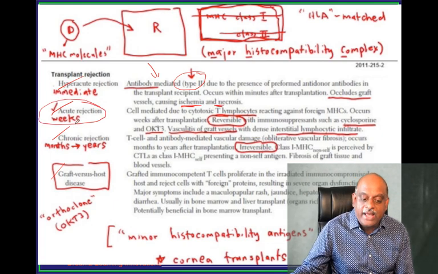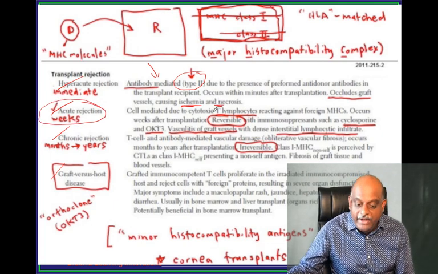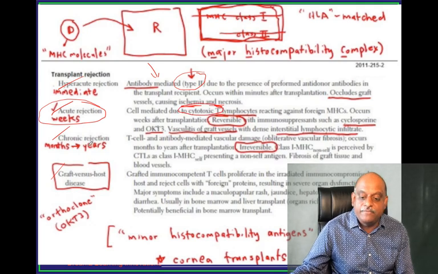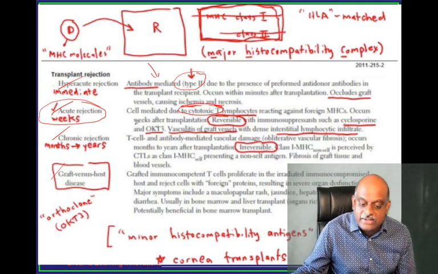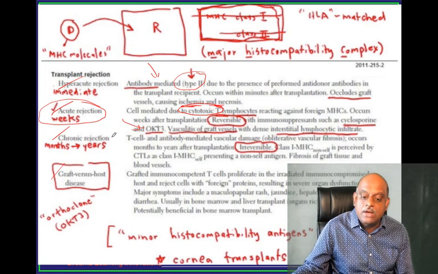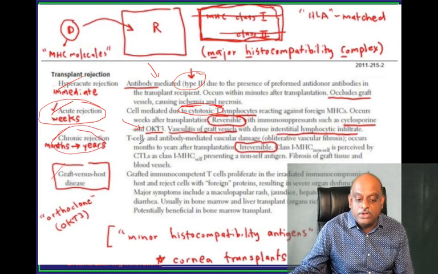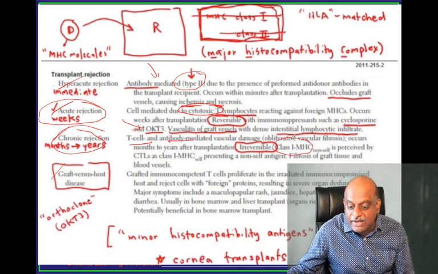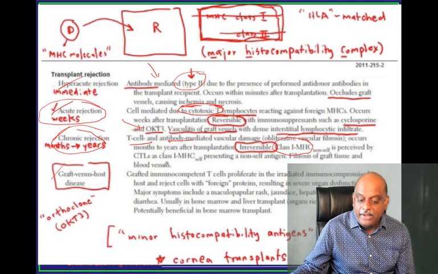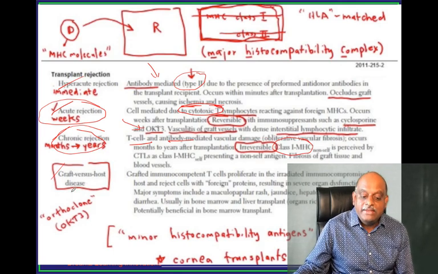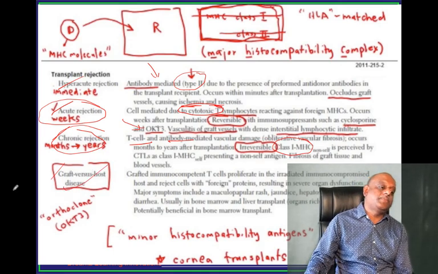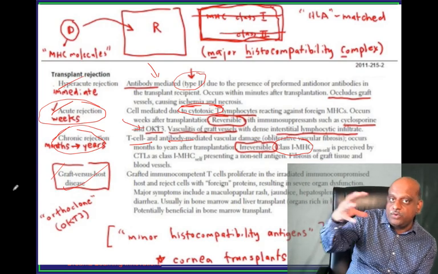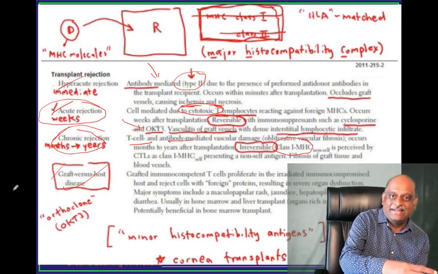Acute rejection happens within weeks. It is cell mediated by the cytotoxic T lymphocytes, and you can decrease that by giving OKT3, cyclosporin, etc. And chronic rejection is also T cell and also antibody mediated. It is class 1 MHC which is responsible. Then graft versus host disease means the graft which you are placing in the host, the recipient.